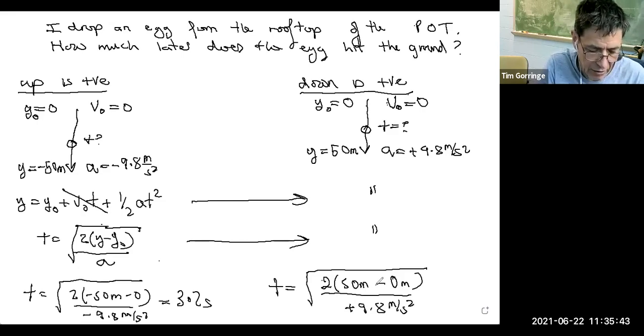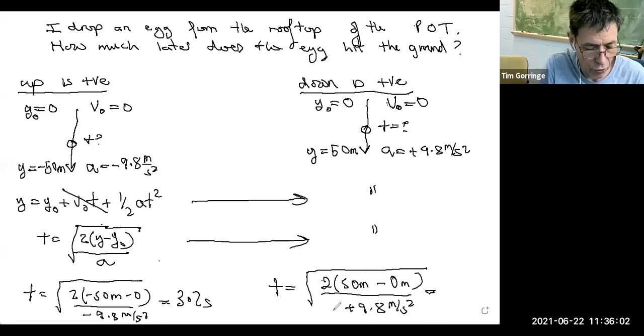Now this is interesting again. We've got positive 100 meters in the numerator, positive 9.8 meters per second squared in the denominator. Both those quantities have changed their sign. The ratio, though, is still positive, so I can still take the square root.